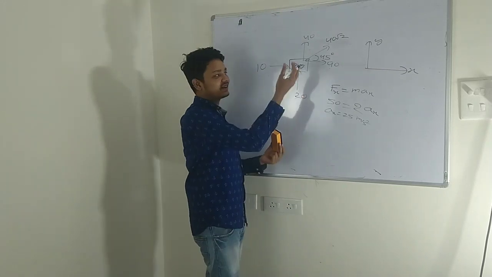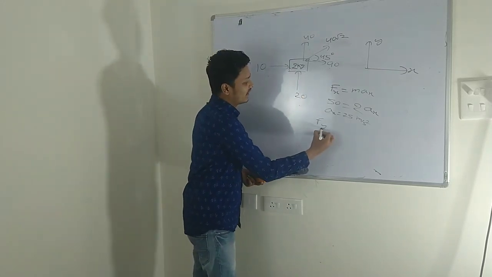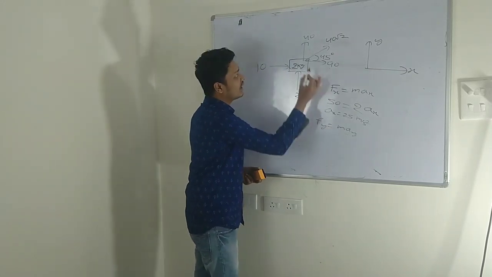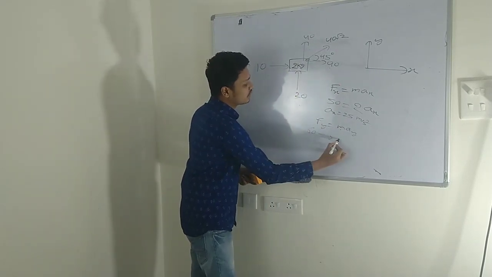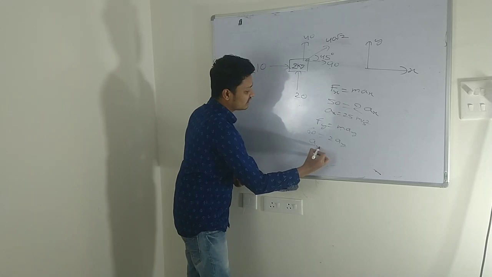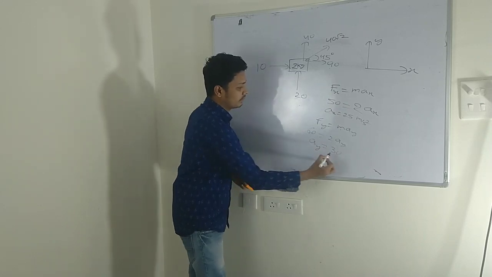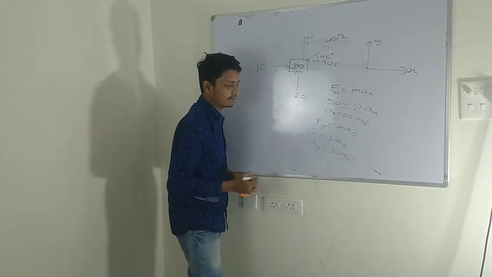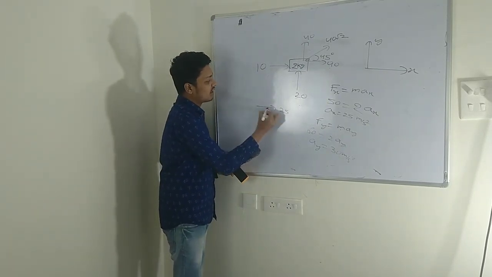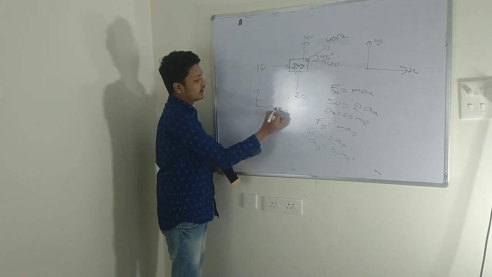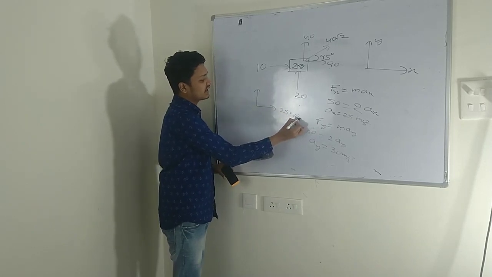Similarly, along the y direction, Fy is equal to m times ay. Fy is 60, mass is 2, so ay is 30 meter per second square.